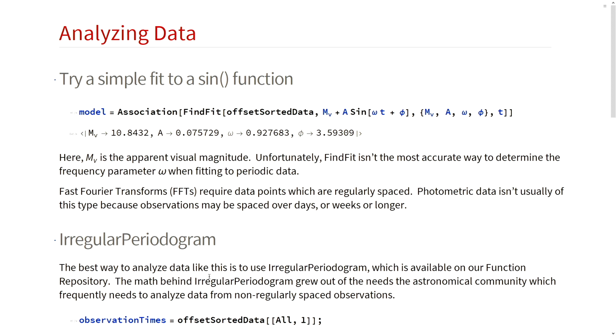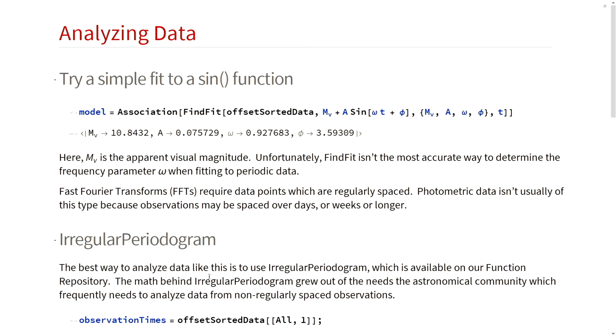The function I tried fitting was this: m_v, that is, m_v plus a sine of omega t plus phi. We're looking for those parameters as a function of time, using the offset sorted data. And this gives us m_v, which is the apparent magnitude of the variable star. That's one of the things we're looking for.